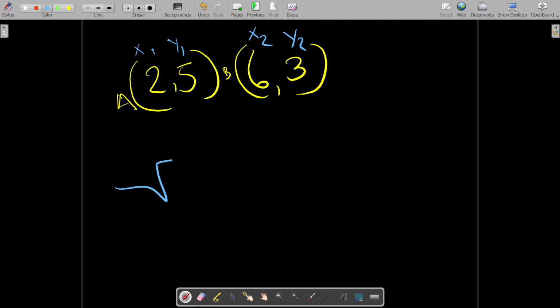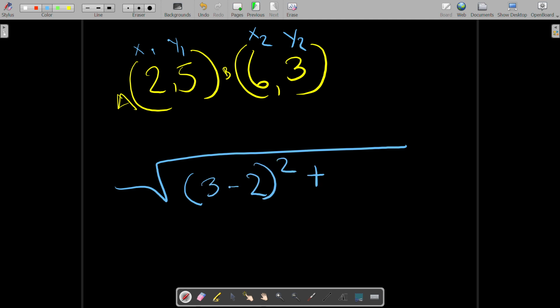So let's put them in the square root. We get y2, which is 3, minus y1, which is, oh sorry, this is actually not 2, it's 5. So 3 minus 5, squared, plus x2, which is 6, minus 2, squared.